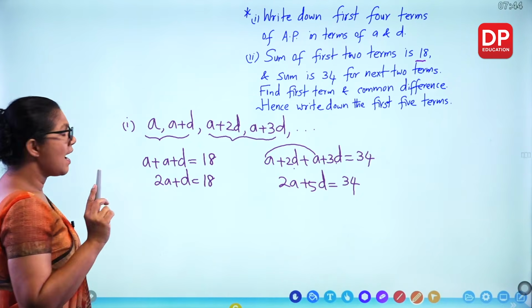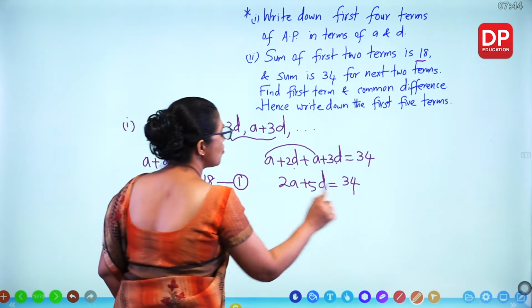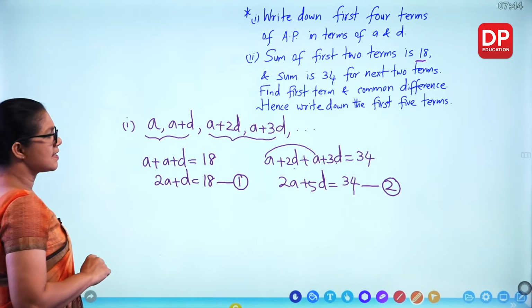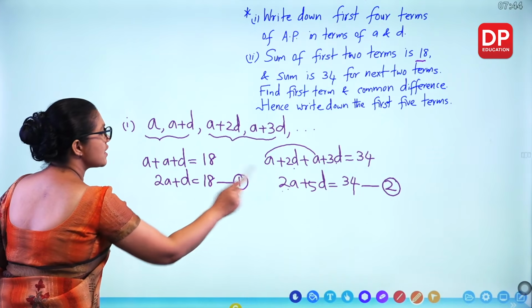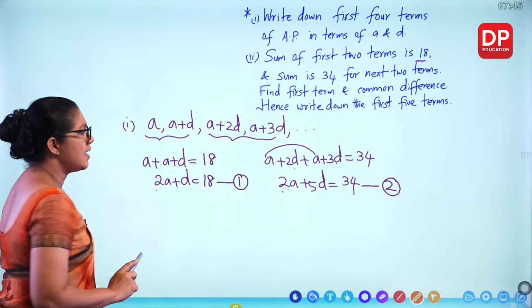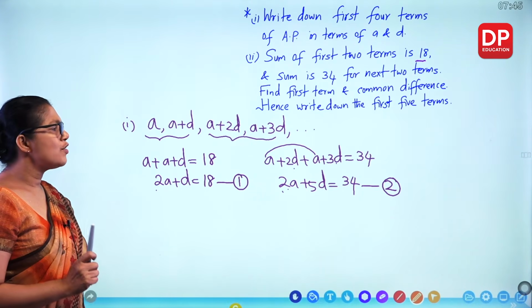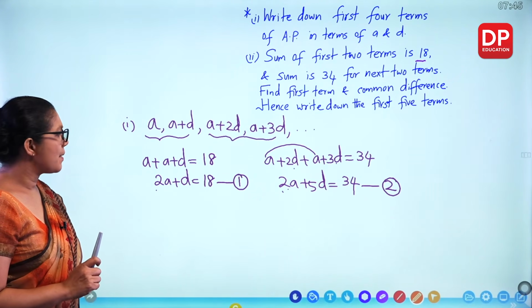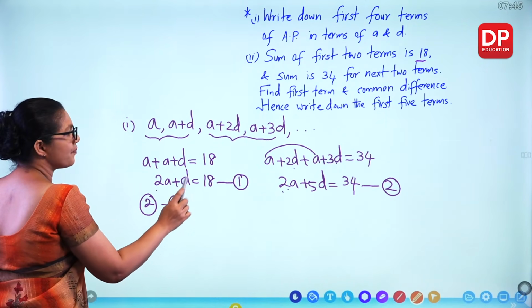Now we have 2 equations. How can we solve that? Simultaneous equations, we see the same coefficient here and the same sign. Same coefficient, same sign, you subtract the 2 equations to get rid of that variable. So I'll take 2 minus 1.